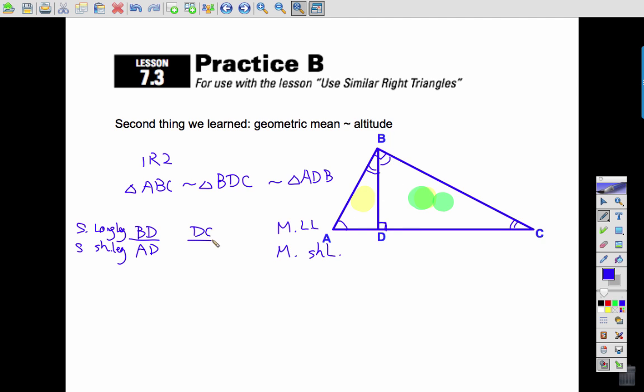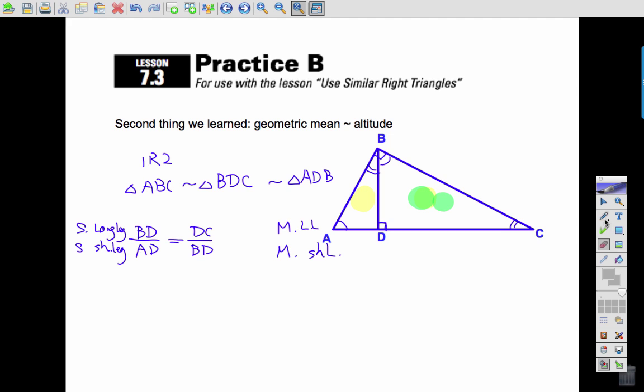It's BD. So I can set this proportion up like that because this yellow smallest triangle and the middle triangle are similar. I can use long leg over short leg over long leg over short leg. Now you can flip it the other way too.